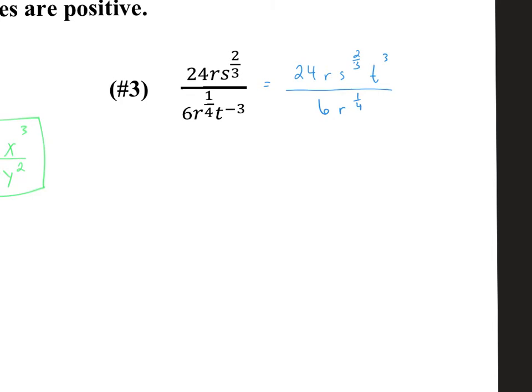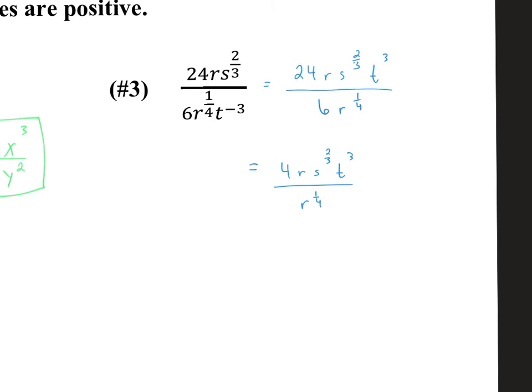All right, the next thing I recognize is 24 and 6. We can simplify that, okay? So 6 goes into 24 4 times. So we have 4r s to the 2/3 t cubed over r to the 1/4 power.